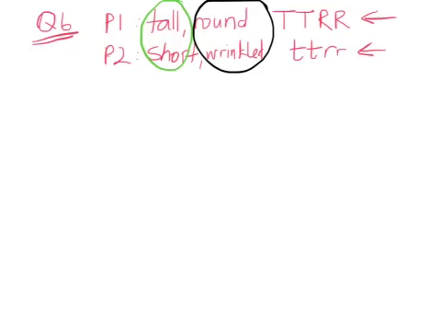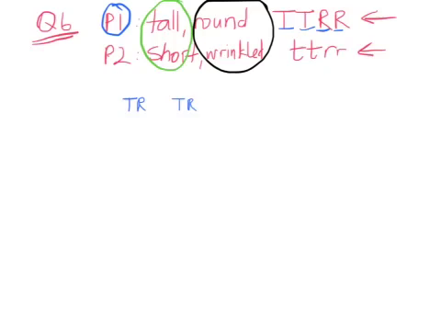Let's have a look at what P1 can contribute. P1 can contribute all of these alleles in various combinations. P1 is capable of giving me T and big R, T and another R, which is the second T that we're referring to.